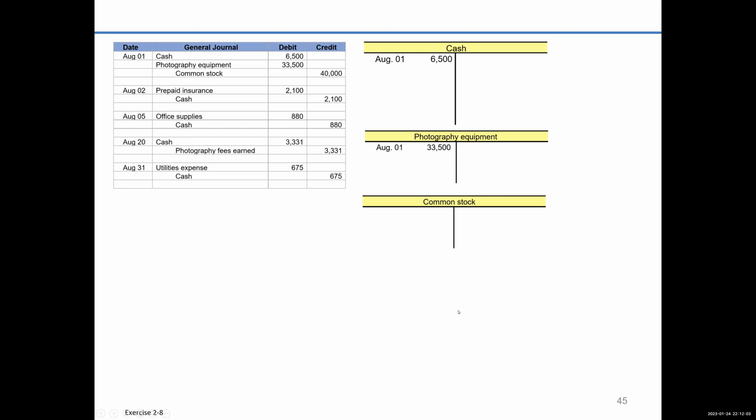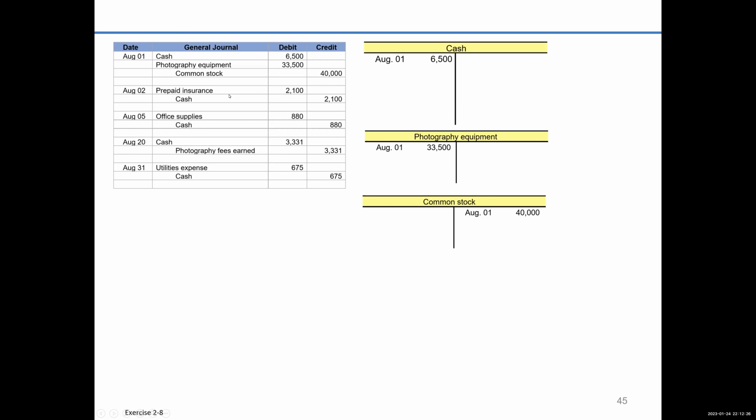So we need common stock. That's our third line, common stock, credit 40,000. Make sure you put it on the right side, which is the credit side. August 1 for $40,000. All right, we've completed those three lines for the first journal entry.